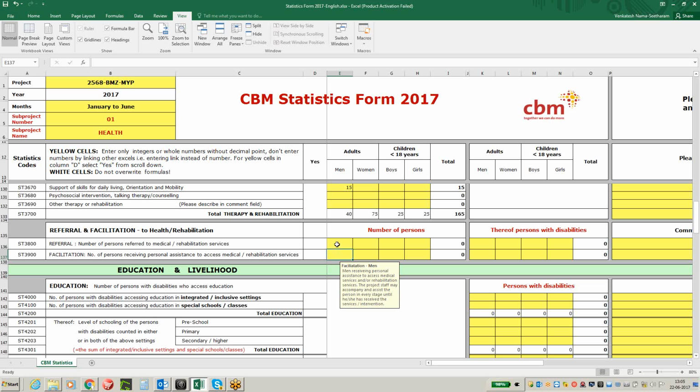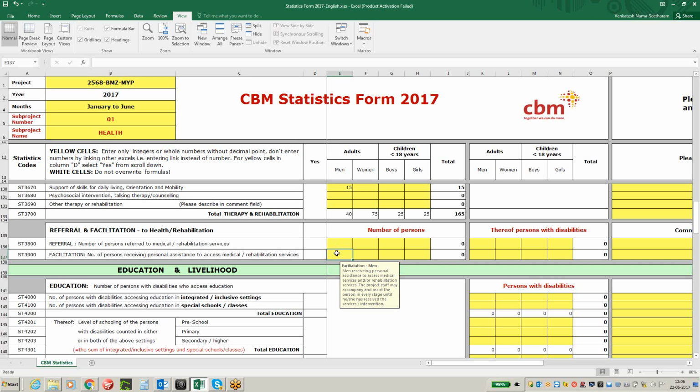It is very simple. Say, for example, if the project is reporting everything, both hospital figure and CBR figure, then they will put the referred people, what they have referred from their hospital to other units, under referral, and the subunit which they are supporting or doing the facilitation, they put under facilitation.